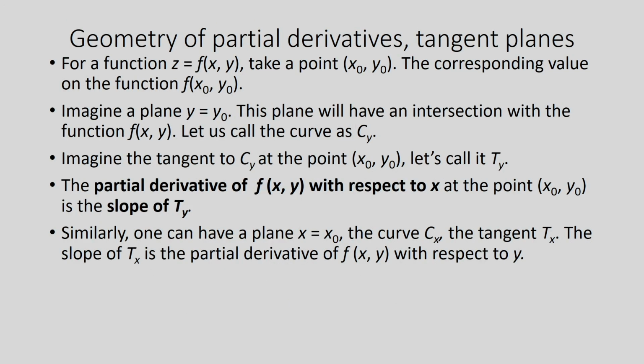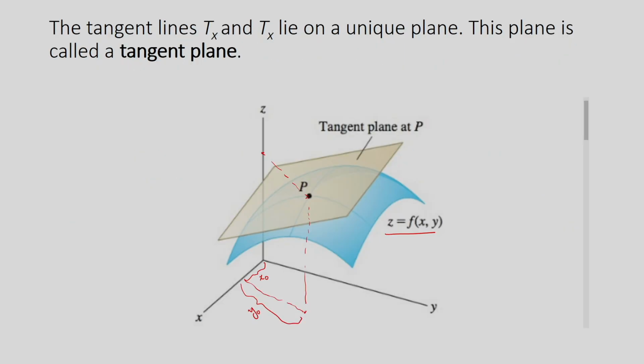Imagine a plane y is equal to y 0. This plane will have an intersection with the function f of x, y. Let us call the curve as c y. So, suppose here y is equal to 0 and y is equal to y 0, we know it is a plane, right.